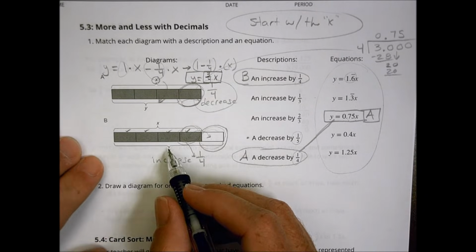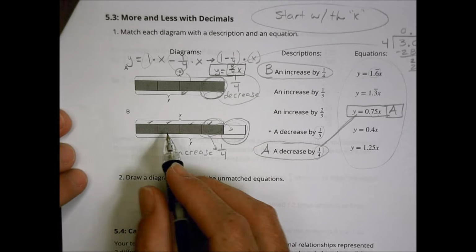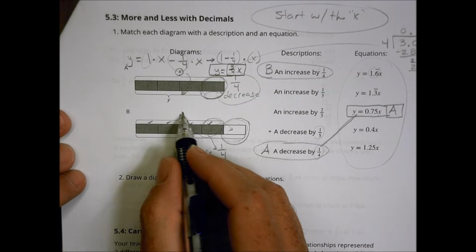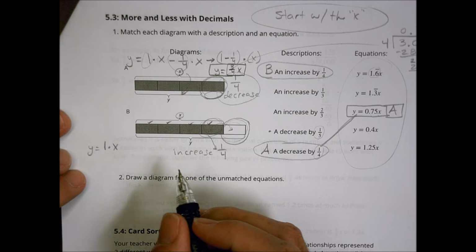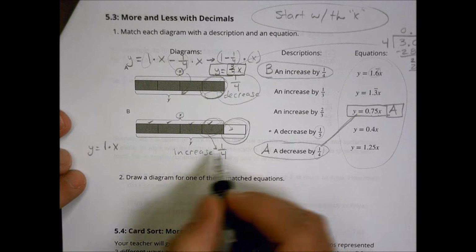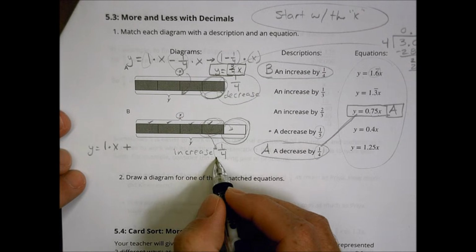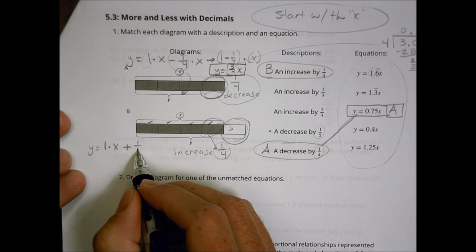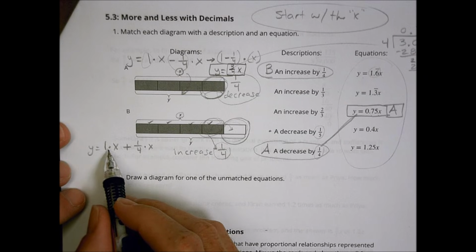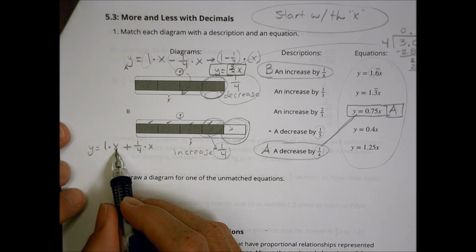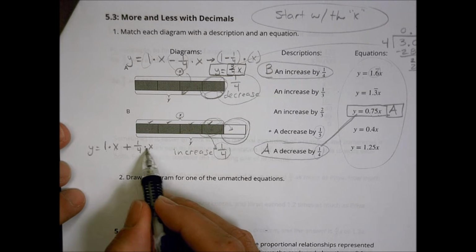Let's take a look at this one here. Again, same idea. Let's take our initial, which is our original value x. It's 1 times x, right? So y is going to equal 1 times x, and it's an increase. So we're going to add to it 1/4 of x. We started with our original 1 times an x, so the whole thing, plus 1/4 of the whole thing.